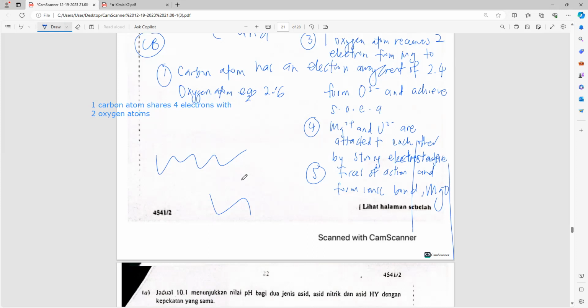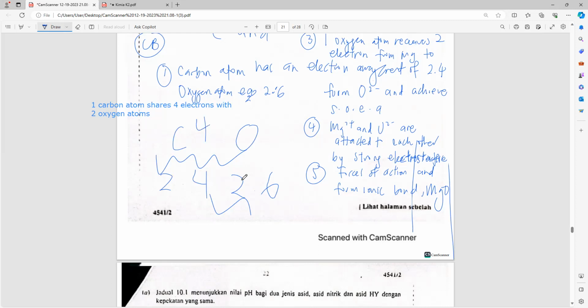Okay, so all of you write down carbon, and then you put 2.4 at the bottom. Carbon, I'm using my finger here, 2.4. Oxygen is 2.6. Normally, if it's ionic bond, teacher always says cross over, right? And you put the charge on top. In covalent bond, it is different. 2.4. How many more to become stable? 4. So the 4 I put on top.